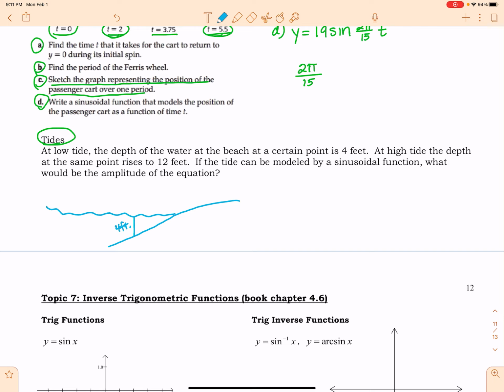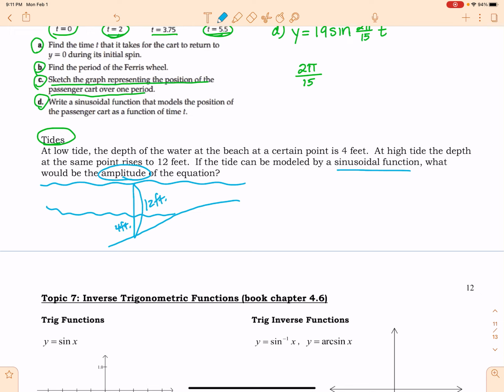At high tide, the depth at the same point rises to 12 feet. Okay, so the same point, now it's 12 feet.